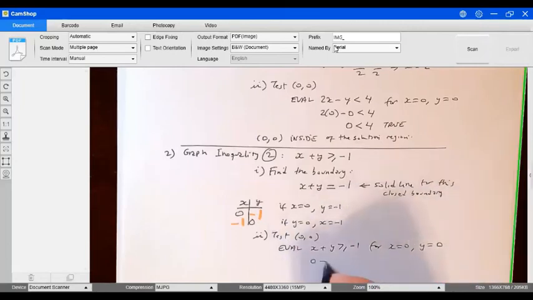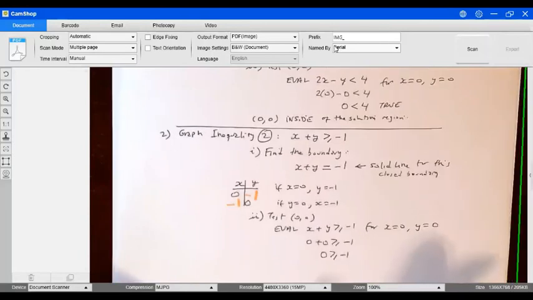So this is 0 plus 0 greater than or equal to -1. Is 0 greater than or equal to -1? That is also true, because 0 is greater than any negative number.